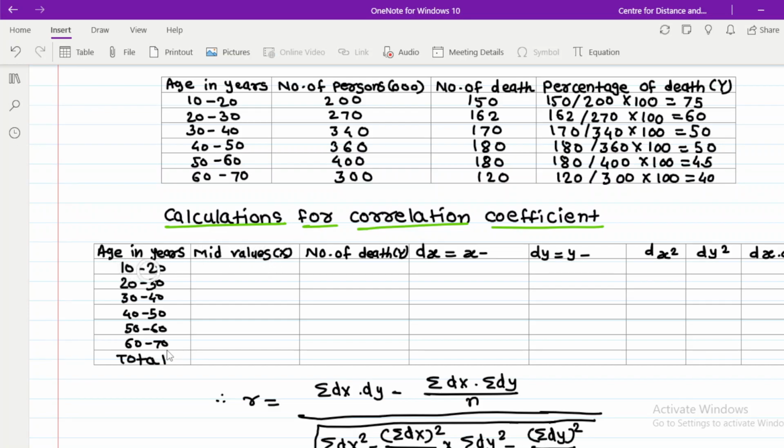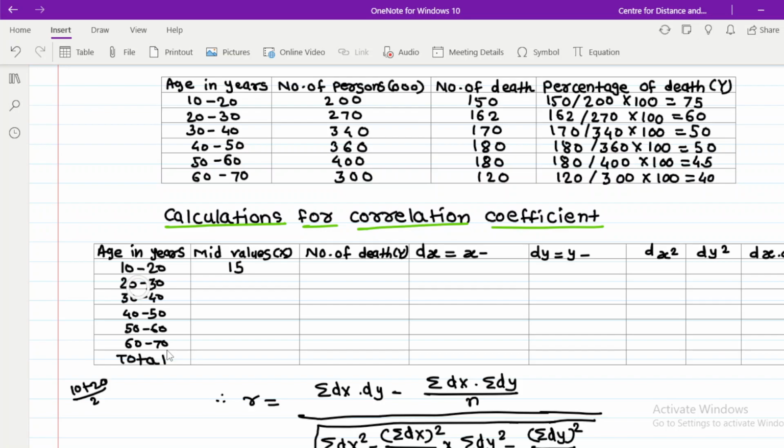For the class 10 to 20, the midpoint is 10 plus 20 divided by 2. 10 plus 20 is equal to 30, and 30 divided by 2 is 15. Therefore, the mid value for the class 10 to 20 is 15.